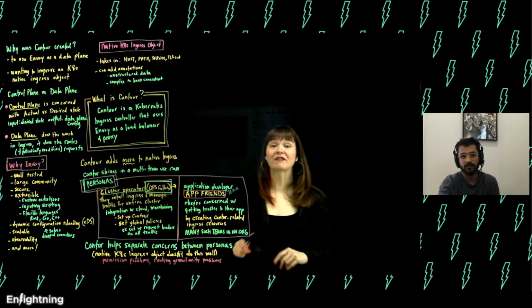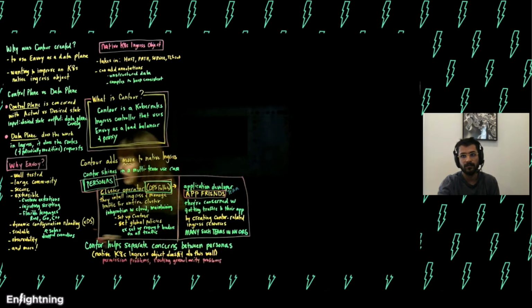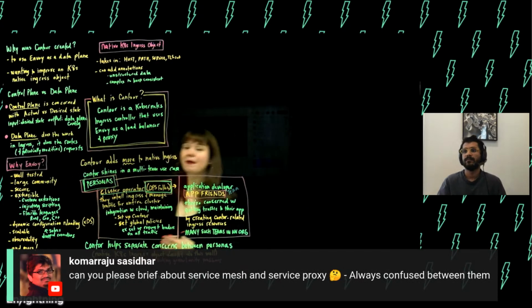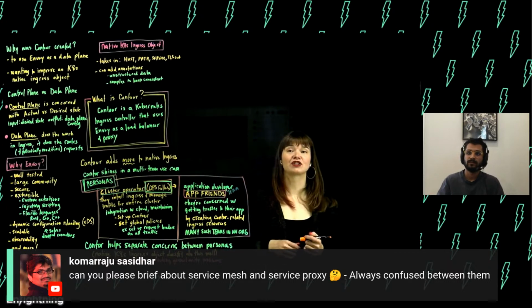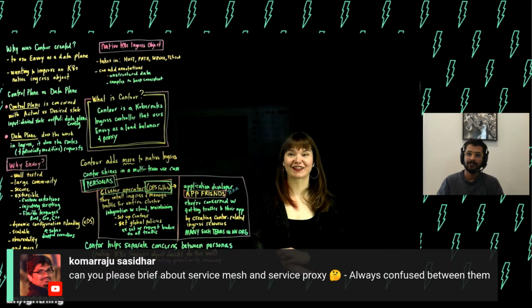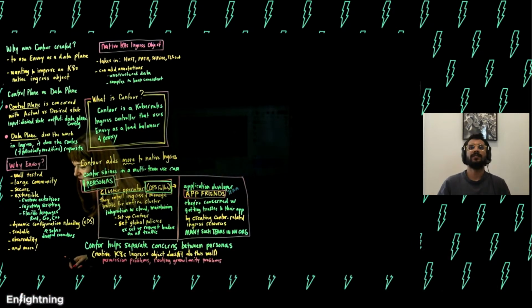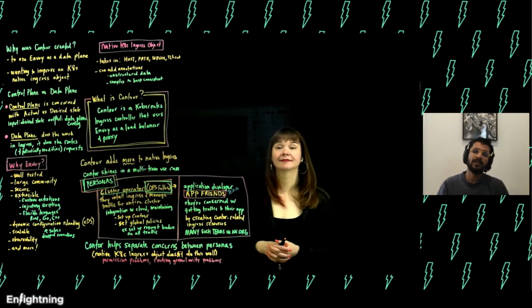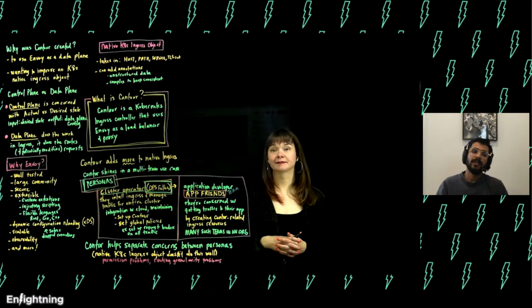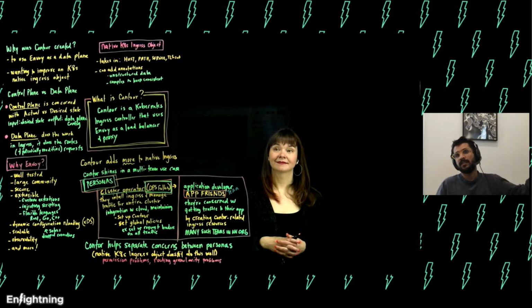Excellent. So we have a question from Kormaju. Can you please brief about service mesh and service proxy? I always get confused between them. So you would definitely say Contour is not a service mesh. In the simplest sense, if you're talking about traffic coming from outside of a Kubernetes cluster to inside, that's what Contour is.